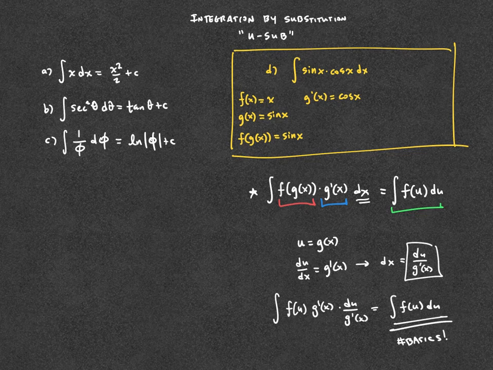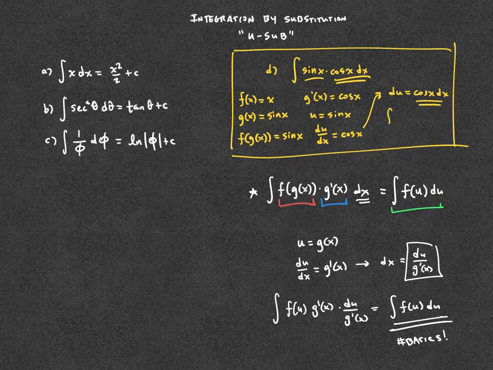So I'm going to set u equal to sine x, so du dx is equal to cosine x. Now I could solve for dx, but I wouldn't do a whole lot there. I would write du is equal to cosine of x dx. So I can replace cosine x dx with du, and I can replace sine x with u.